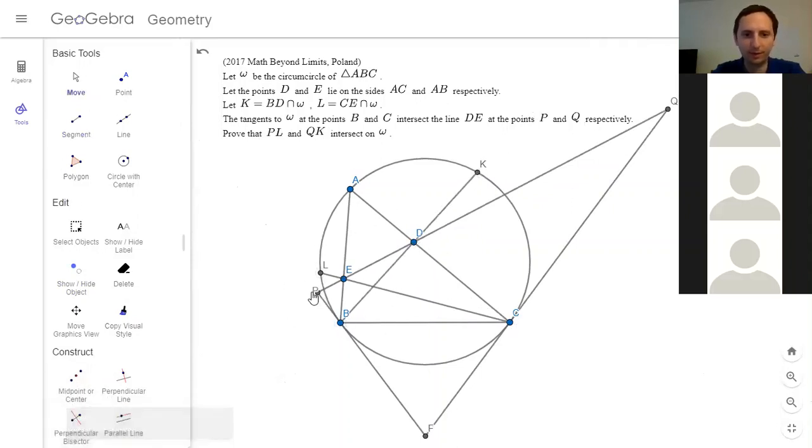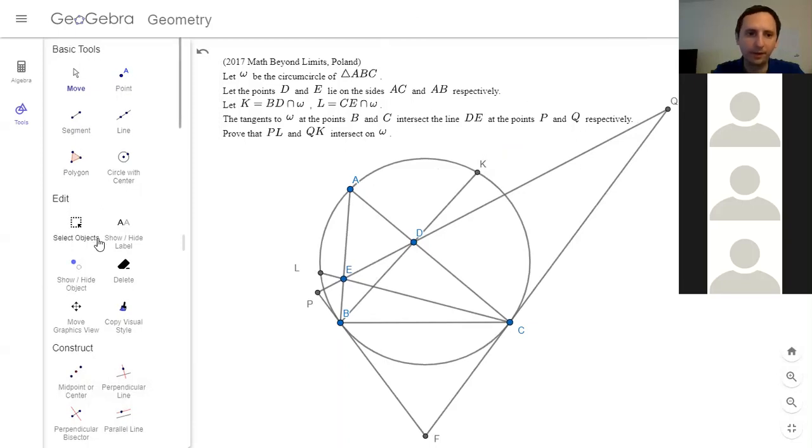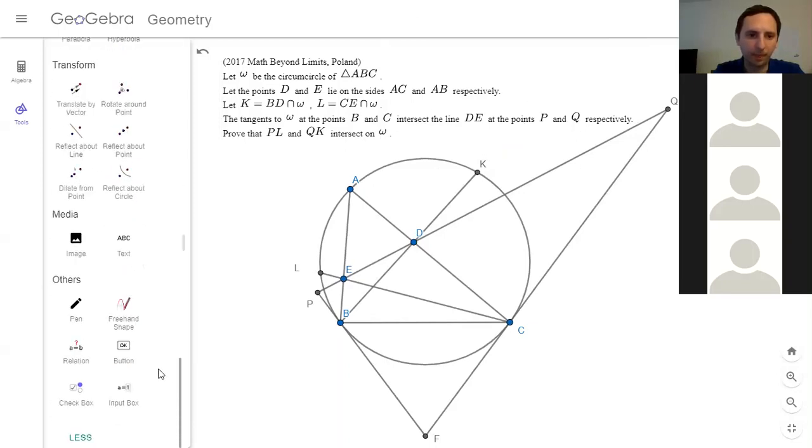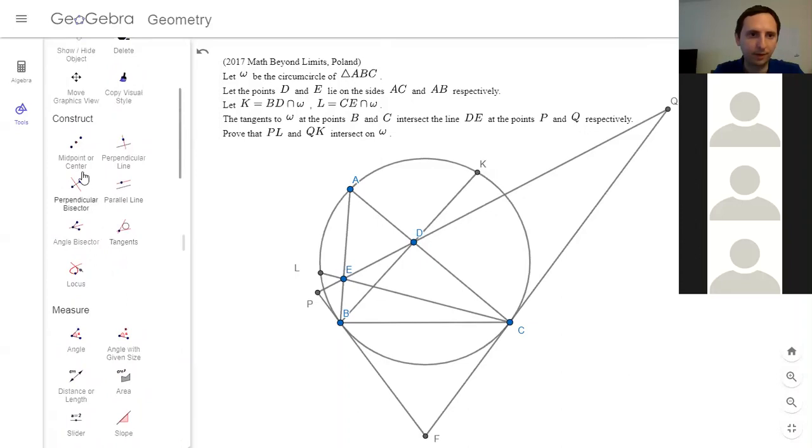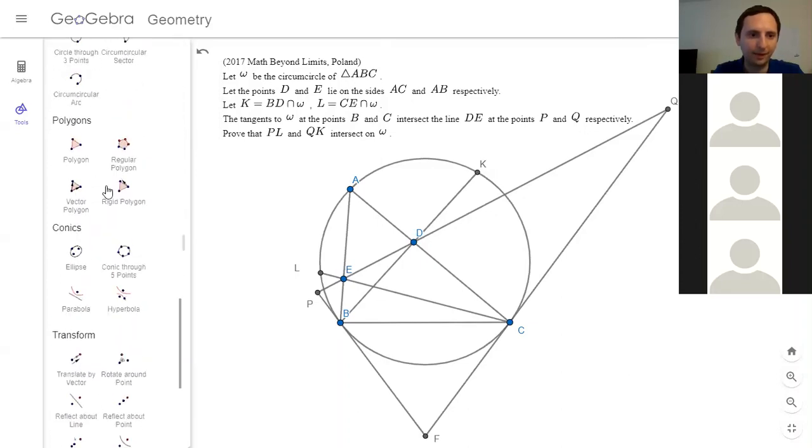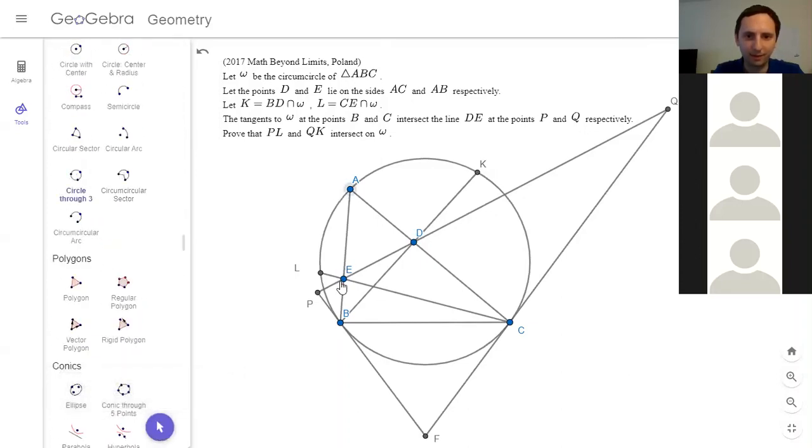Let's see. ABE. Oh, it might be. It seems like the tangency problem we did. Oh, it's like the same idea. What Hakan said is true. Now we can do the same thing.